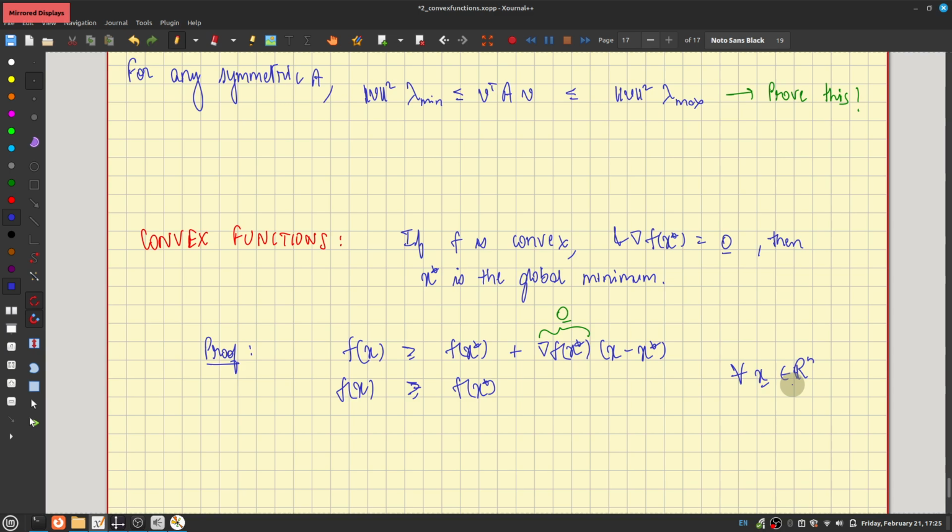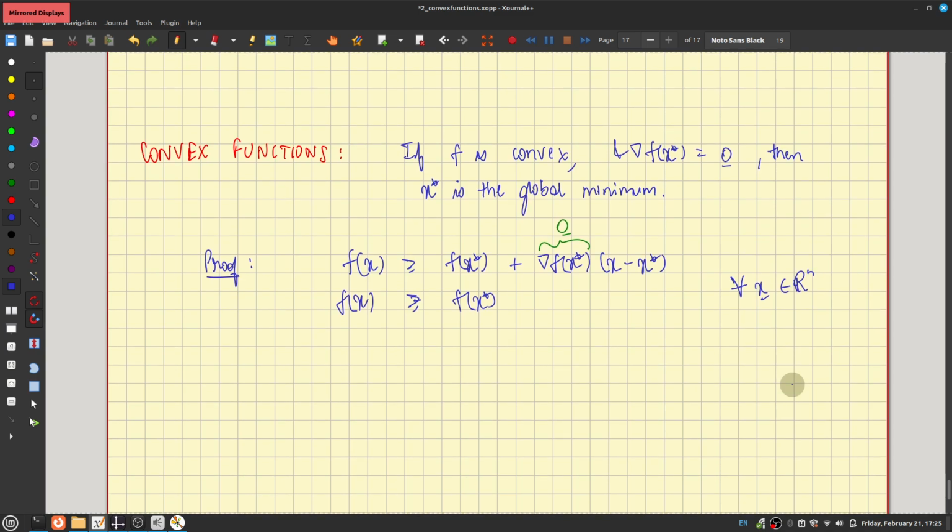Any questions? Okay, so this is a good point to stop. In the next 1 or 2 classes, we'll start looking at algorithms for actually minimizing convex functions.